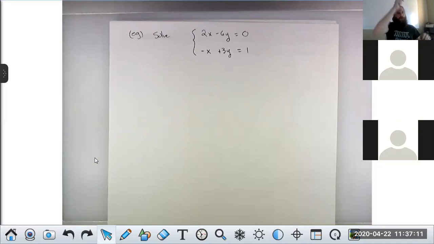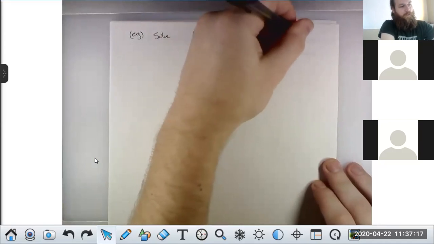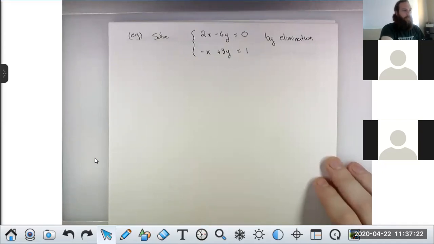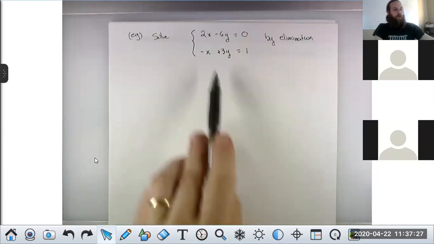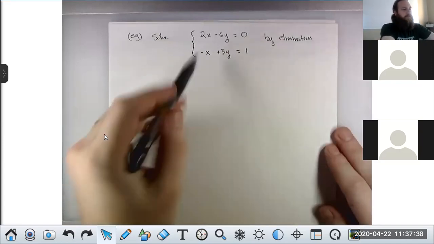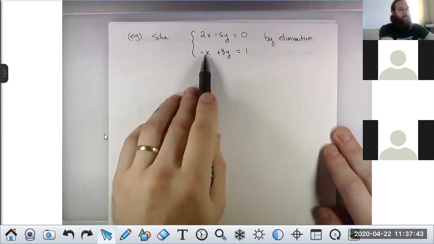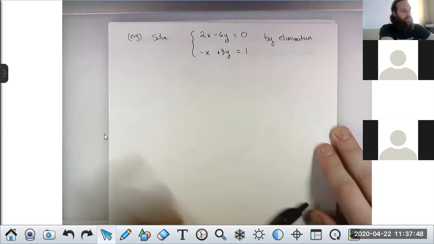And I want to solve this by elimination. Same sort of deal. I'm going to multiply through one of the equations by a constant, chosen to make the coefficient of one of these variables the negative of the coefficient of that same variable in the other equation. So if I wanted to eliminate the x's, I could multiply through this equation by 2, and that would make the coefficient of x here negative 2, while the coefficient of x here is positive 2, and so those would be negatives of each other.